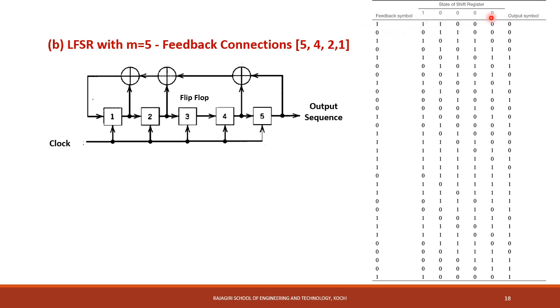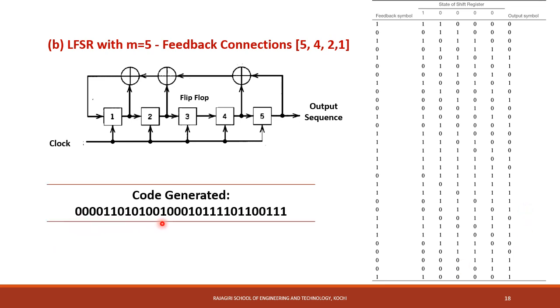Now we determine the output symbol from the fifth flip-flop and we get the output sequence as this. The output sequence will have the same length of 31 since we are using 5 shift registers, but it will be different from the previous PN sequence which was generated using the feedback tap connections 5, 2.